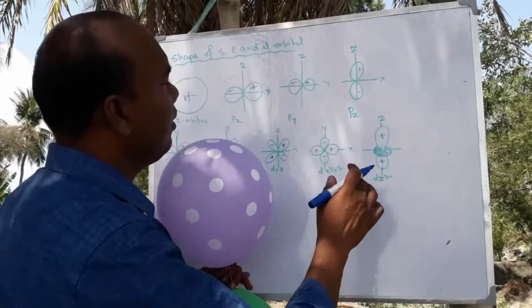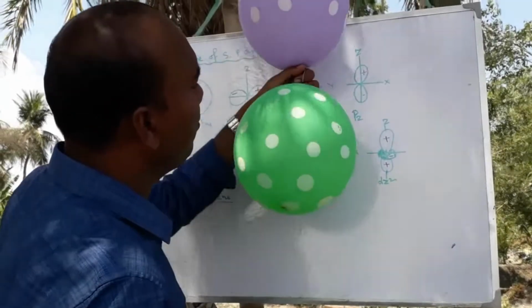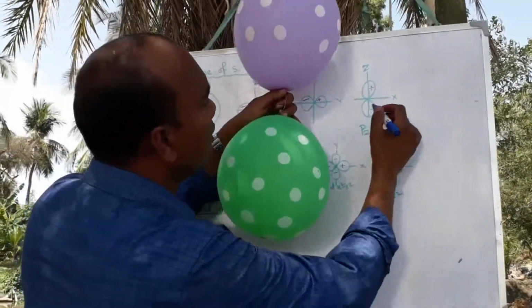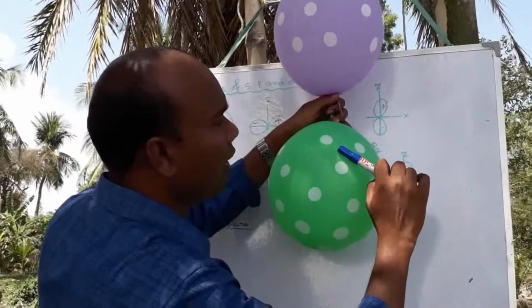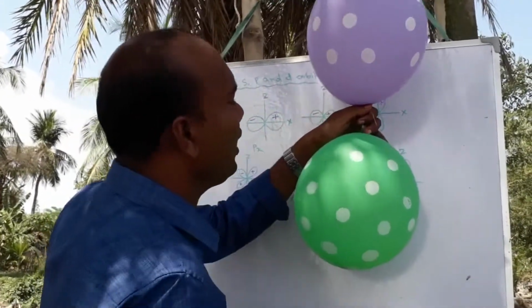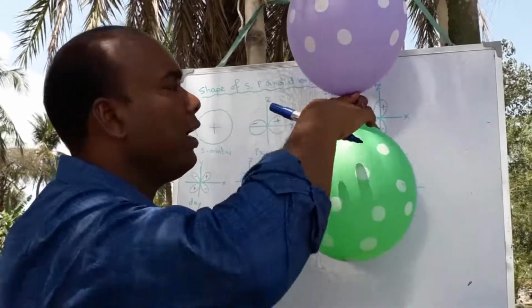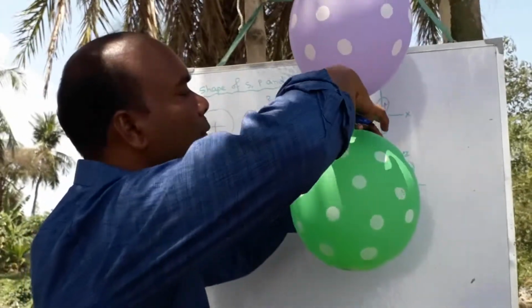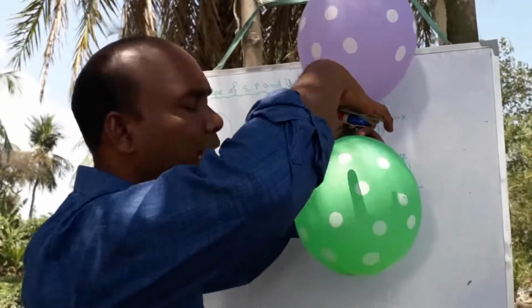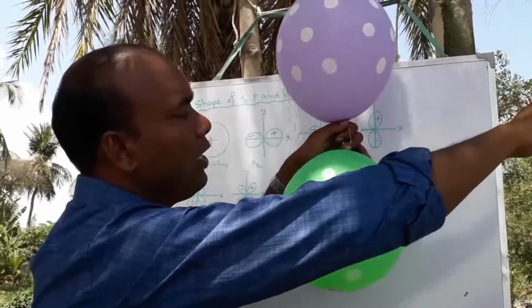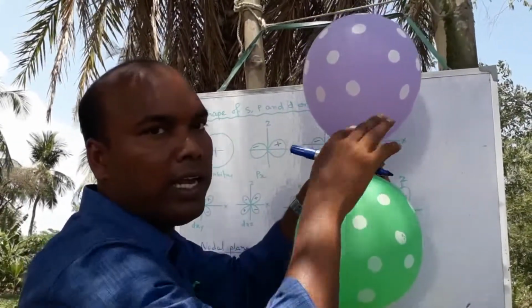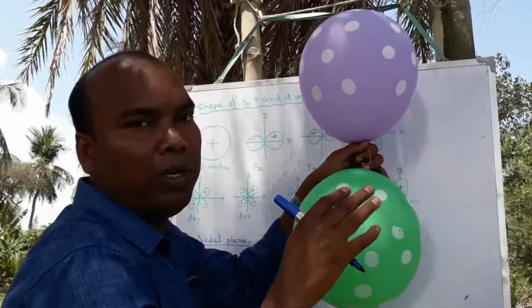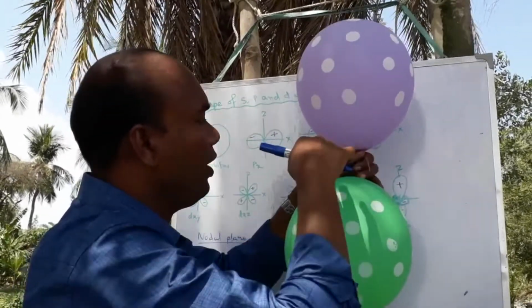If you consider the p orbital, the shape will be like this. See, this is your pz orbital. This is the positive part of the wave function, and this is the negative part of the wave function. But you see, if this is your pz orbital, you imagine a plane in that direction. This is x, this is y. So in the xy plane, there is no angular probability, no angular wave function.